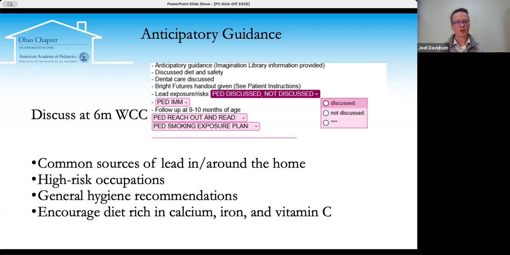We also know that this is also a great time to begin to talk about that as their exposure increases in that 9 to 12 to 18, 24 month age range.